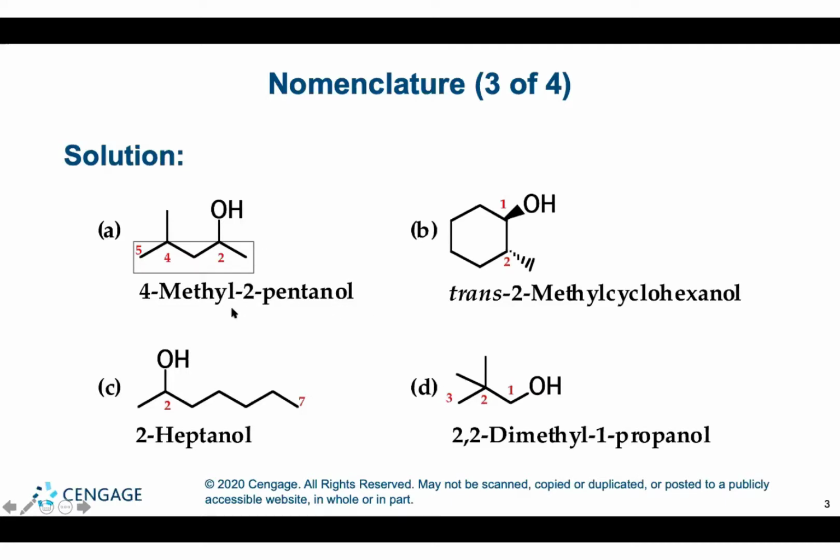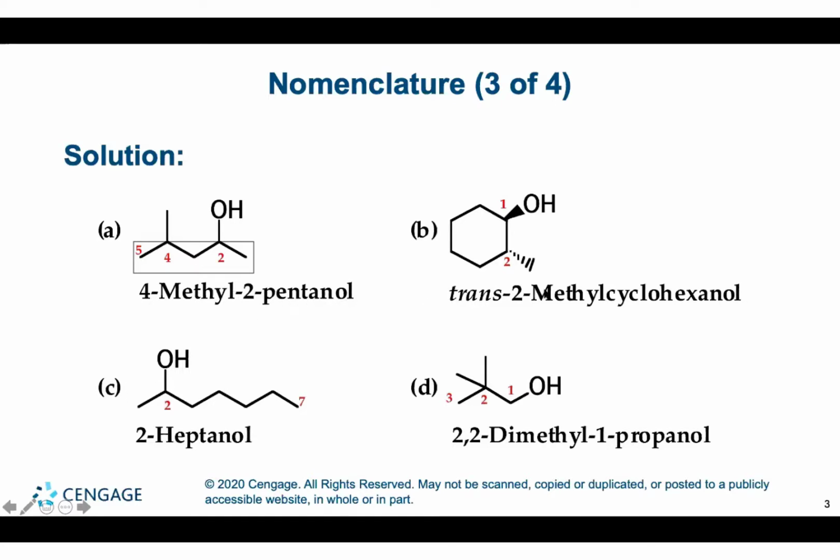Make sure that -ol is attached to my parent name, which is my 5 carbon, pentanol. It means that on carbon 2, I have an OH group, so I should write down in which carbon I have the OH group. It's going to be 2-pentanol.